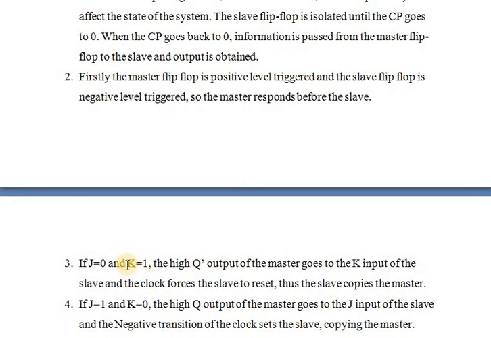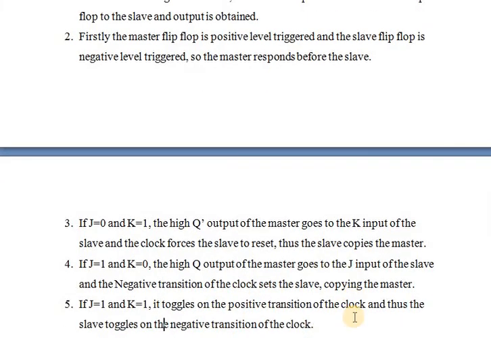See here, if J equal to 0, K equal to 0, the Q complement output of the master goes to the K input of the slave and the clock forces the slave to reset. Thus the slave copies the master. If J equal to 1, K equal to 0, the Q output of the master goes to the J input of the slave and the negative transition of the clock sets the slave, copying the master.